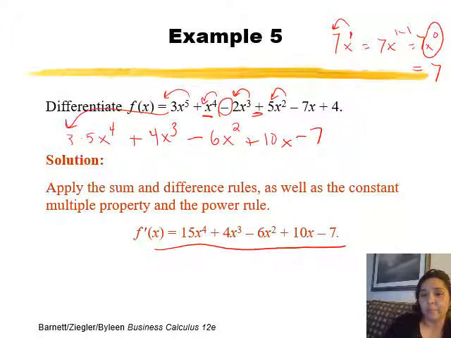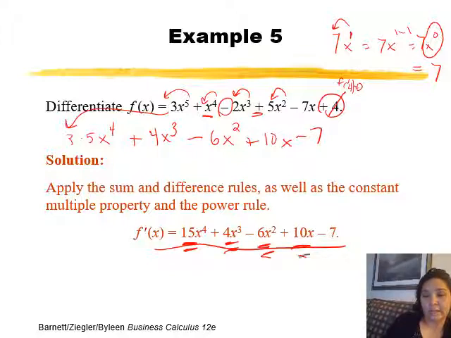And if you remember, the derivative of a constant is 0. Okay, so we don't have to add that in. And so here we have 15x to the 4th, plus 4x cubed, minus 6x squared, plus 10x, minus 7, which is what we found here.